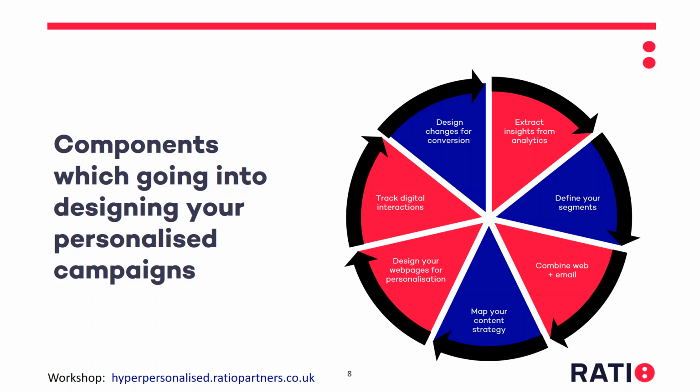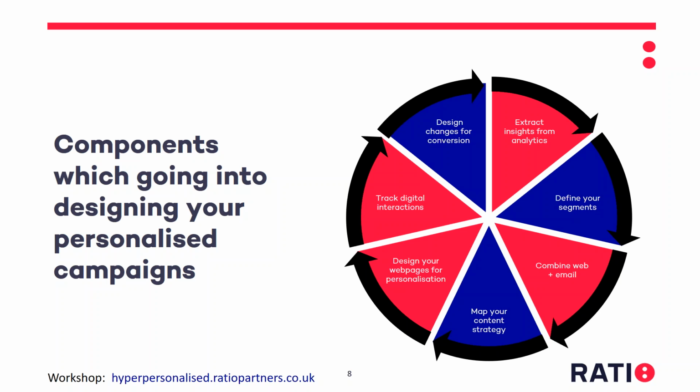Combining web and email, we'll be talking about that later on. Yes, personalization involves targeting and creating a relevant experience on your front-end website, on your landing pages, but let's not forget, for the majority of organizations, email is still an incredibly important tool. So we're talking about how email has an important part to play in this process.